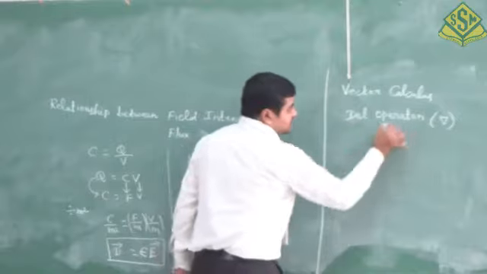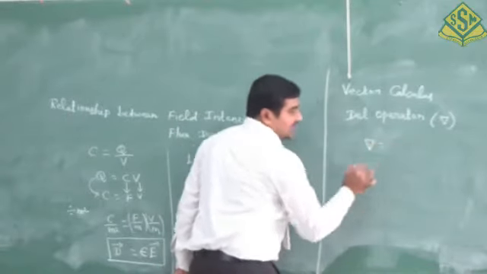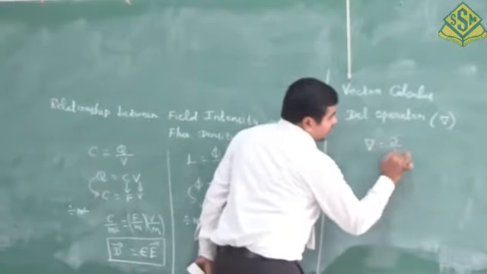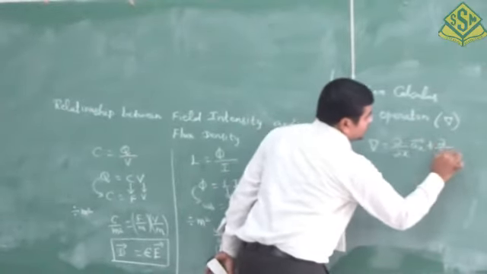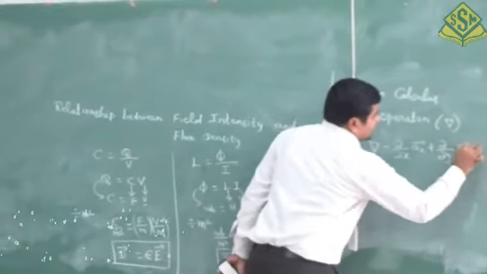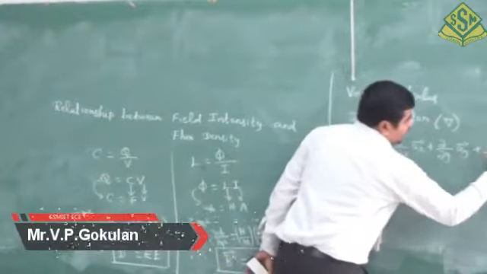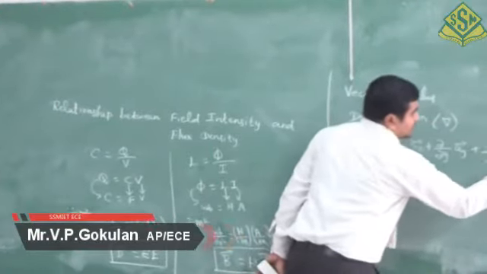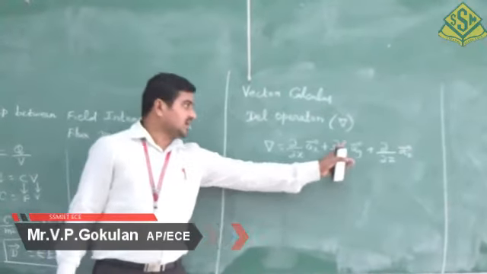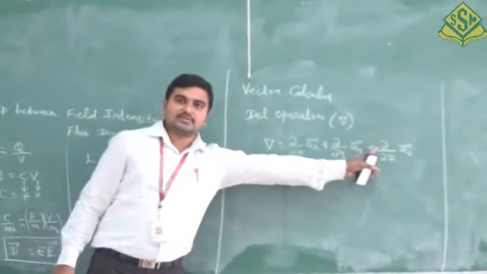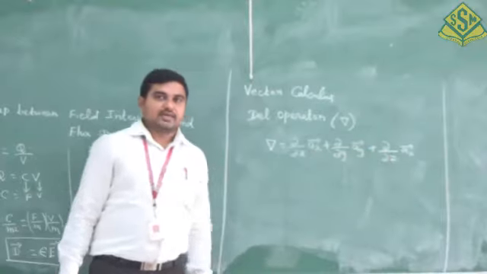The formula for this vector operator is del is equal to ∂/∂x of ax vector plus ∂/∂y of ay vector plus ∂/∂z of az vector.